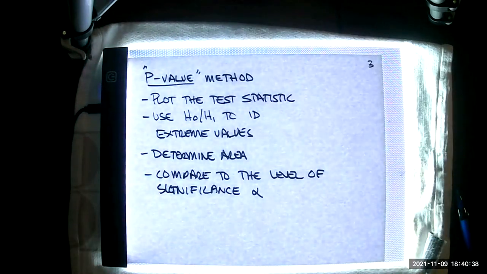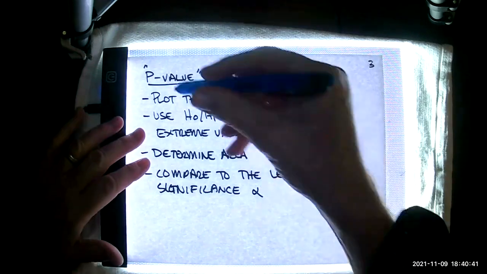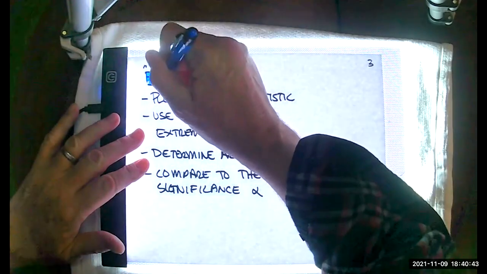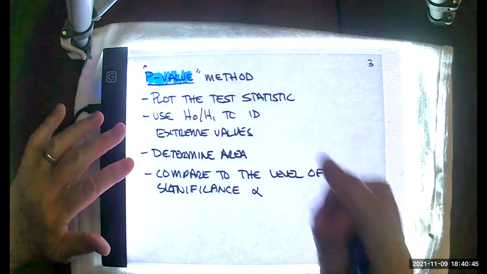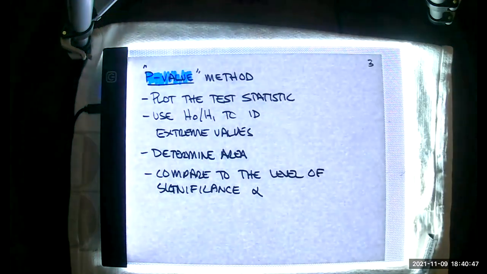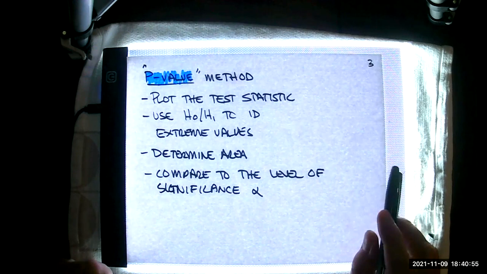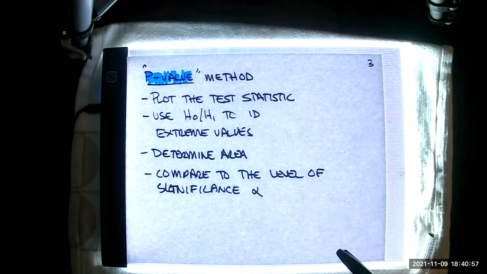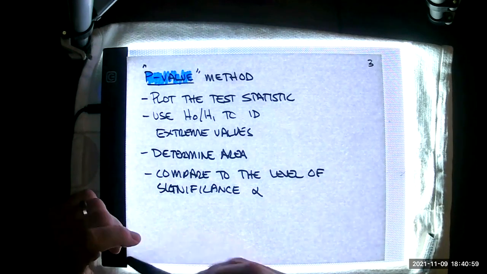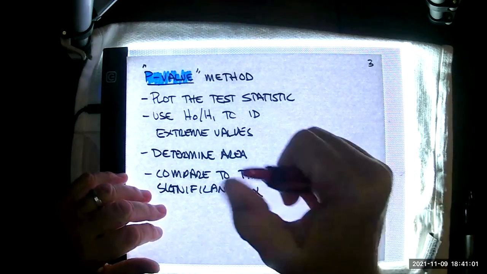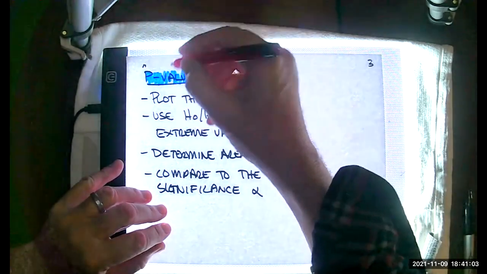There's a second method, and the second method is called the p-value method. And now the p-value method is not as visual, although there's a real visual connection, and I'll make that clear at the appropriate time. But the p-value method allows us to essentially use just the test statistic.